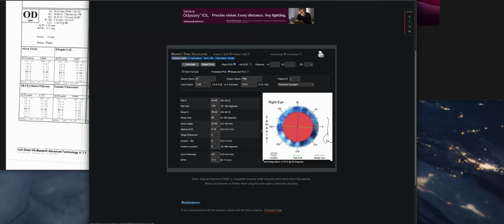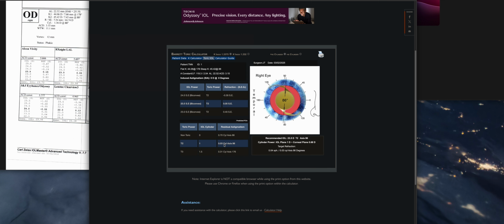Let's see if it's asking for a toric. In this case, I would actually go for a toric. See, without the toric, 0.7 residual, and with the toric, much closer to 0.